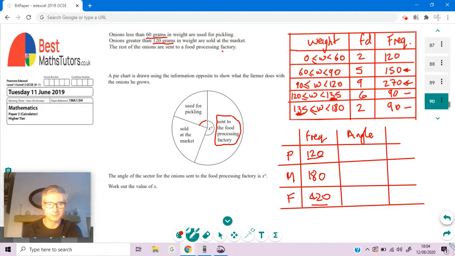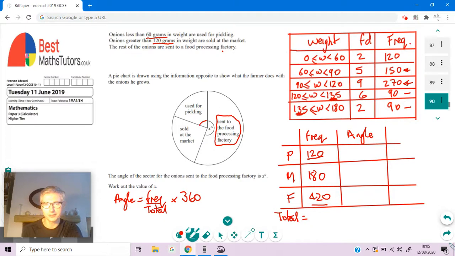And there's a formula for that: the angle is given by the frequency in any particular group divided by the total frequency, and then because we've got a circle, we multiply it by 360 because that's the angle in a circle.